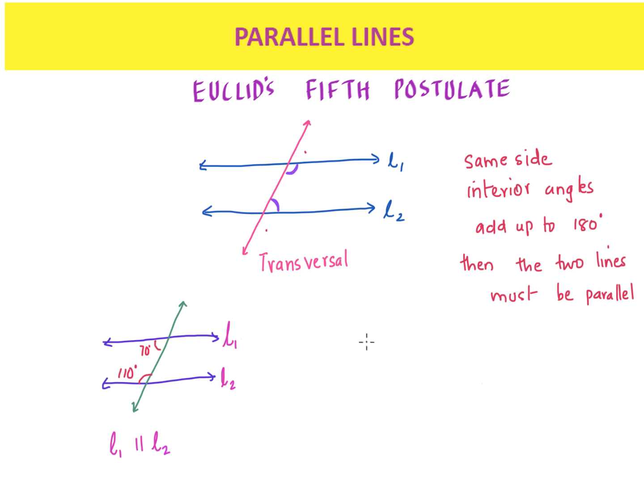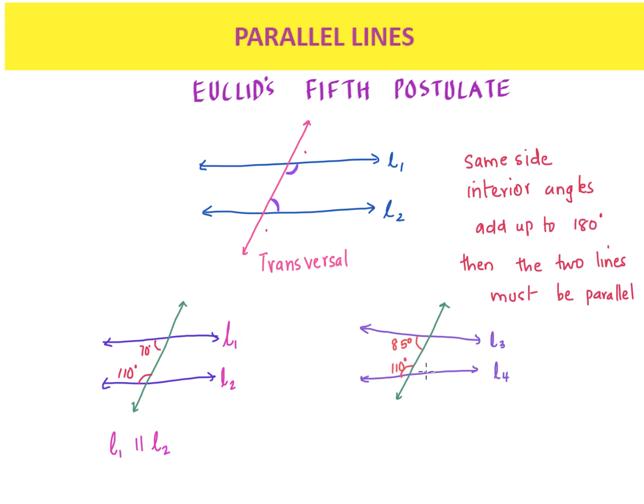Now let's draw another pair of lines. So we have this line here, and let's call it L3, and we have this line here, and let's call it L4. Now if we have a transversal that goes about like this, and we are given that this angle is 85 degrees and this angle is say 110 degrees.